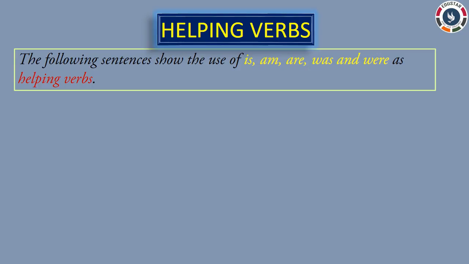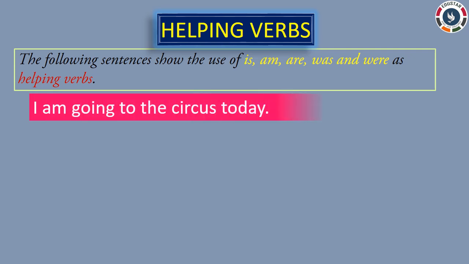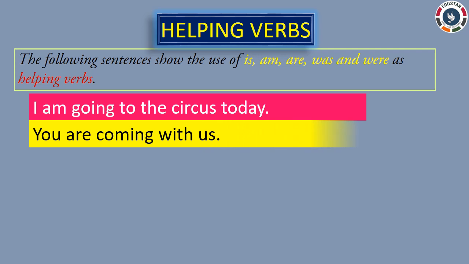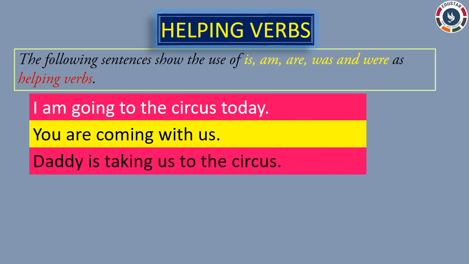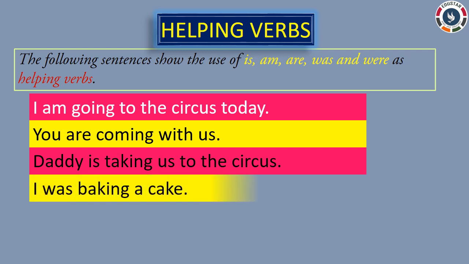The following sentences show the use of is, am, are, was and were as helping verbs. I am going to the circus today. You are coming with us. Daddy is taking us to the circus. I was baking a cake.